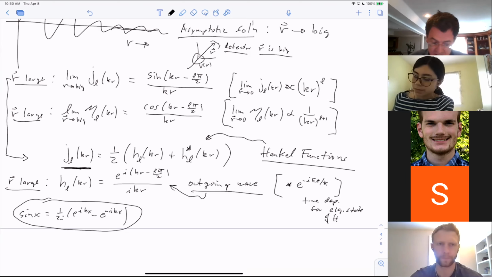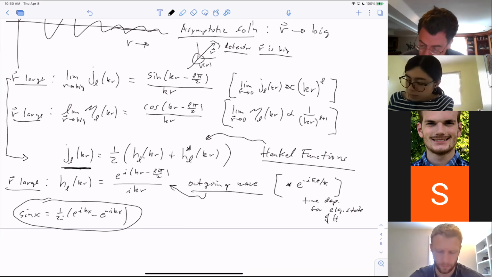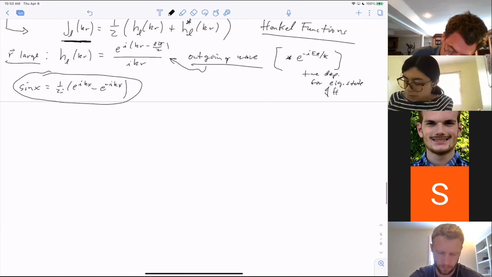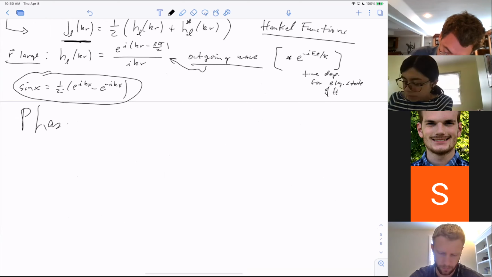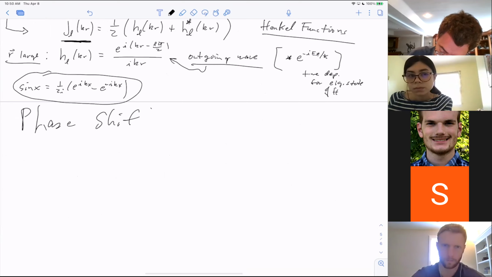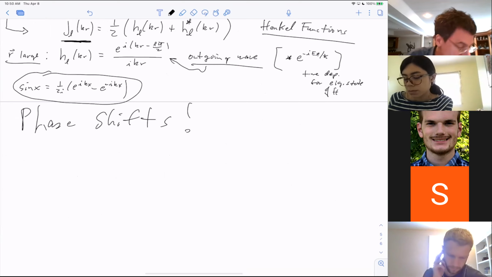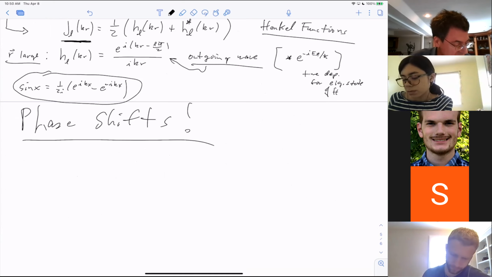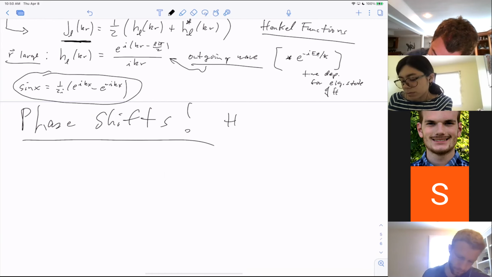What we can do then is we're now finally ready to understand phase shifts. So let's talk about phase shifts. The concept of phase shift is really simple, because now we're just talking about solutions to the Schrodinger equation.